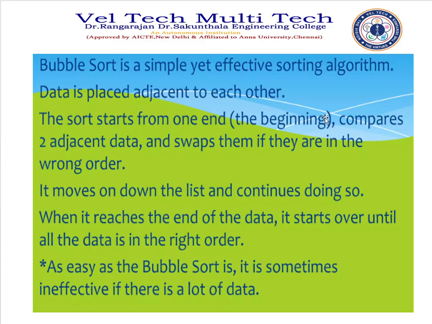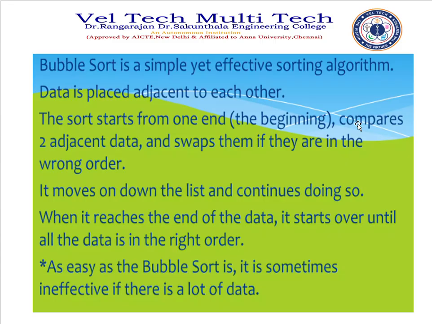Here it is being displayed as the data is placed adjacent to each other, and the sorting starts from one end, that is from the beginning, and we'll be traversing till the end. From the beginning, it will be comparing each and every adjacent element. Adjacent data will be compared, and if the data are correct, they will remain as such.